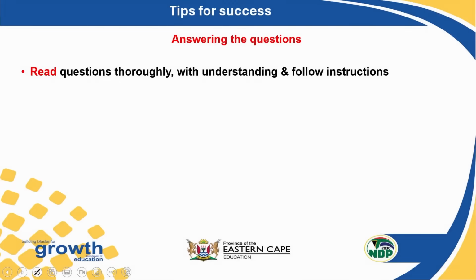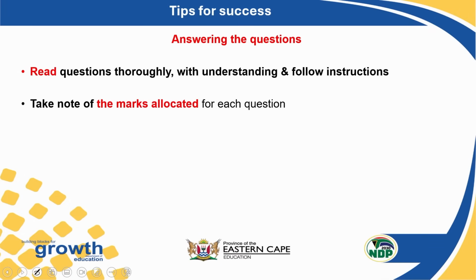Then, answering the paper. Read questions thoroughly with understanding and follow instructions, even the instructions that are above the diagram or the graph. Many learners are not reading them, and therefore they interpret the diagram or graph incorrectly. Take note of the mark allocation for each question.